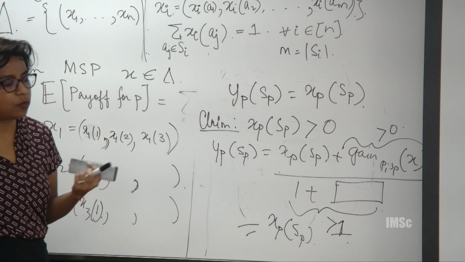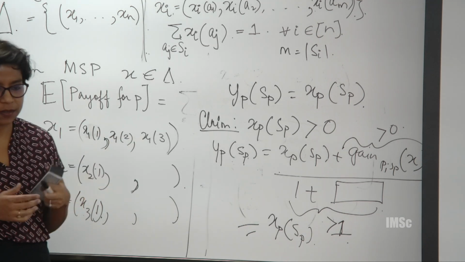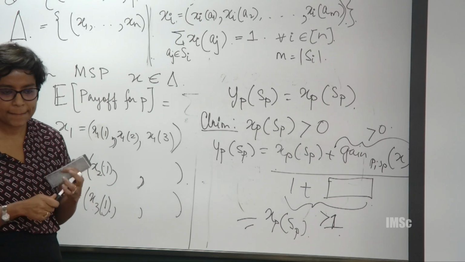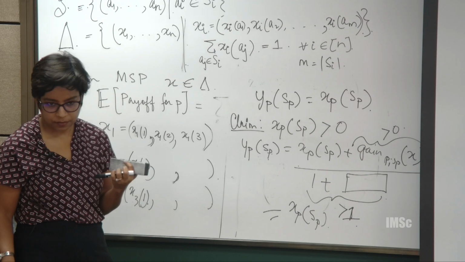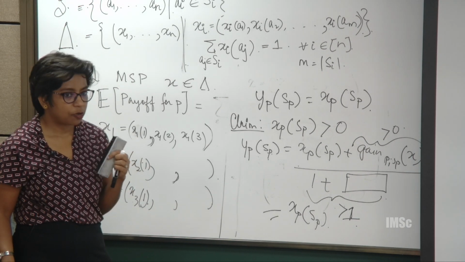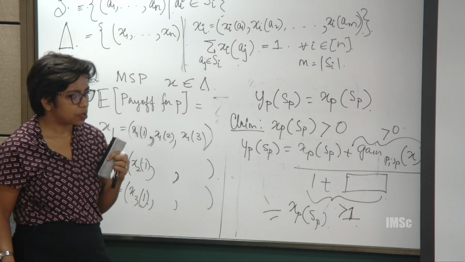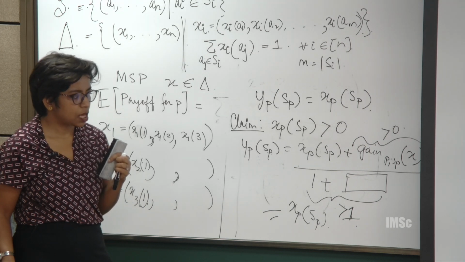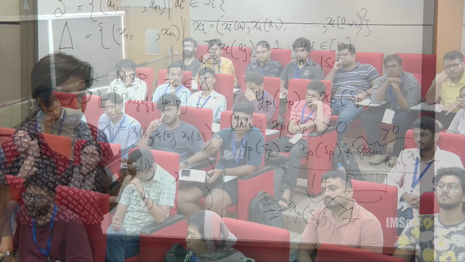So now, XP is not 0, then what? What should we do with it? Then we can just cross multiply. Cross multiply and do what? Like we have XP on one side, we can multiply it with 1 plus summation gain. And then I just need to prove this.